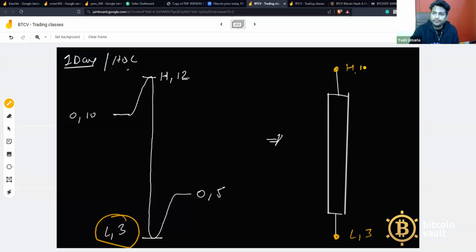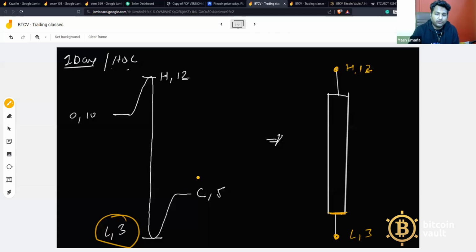High, 12 USD. Now, as I said, whatever data is close to the low goes at the bottom of the body. In this case, actually, I wrote it in the incorrect way. This is going to be the close. Yeah. So the market closes around 5 USD.